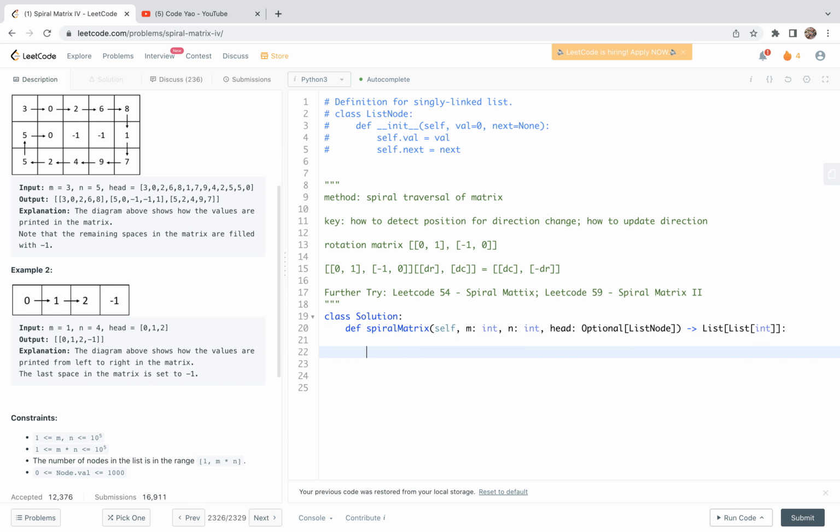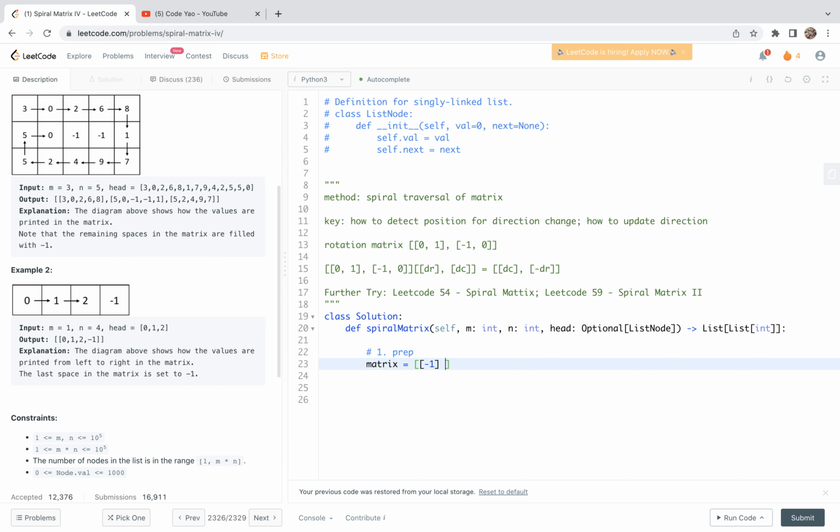Now let's look at the code. First, I'm going to make some preparations. From the problem statement, I'm going to initialize a matrix like this. I will initially set them to be -1, because if we do not need to reset a value, it should remain -1.